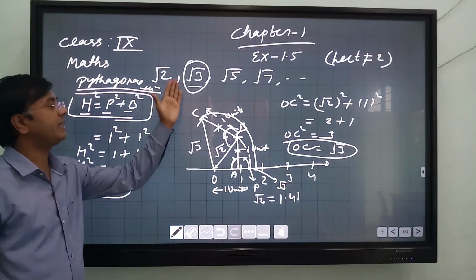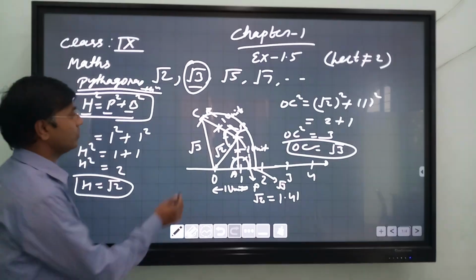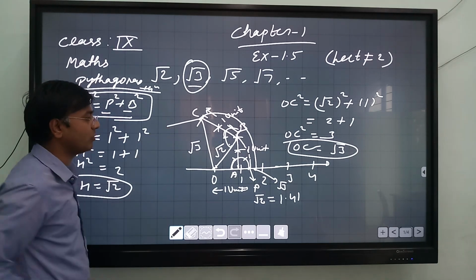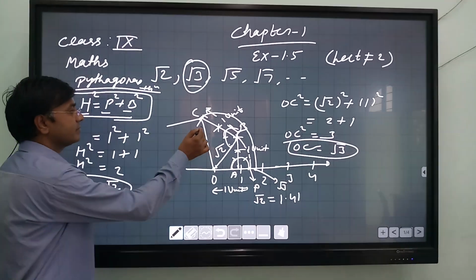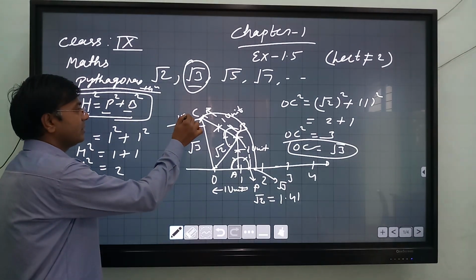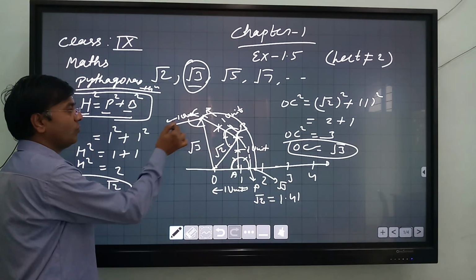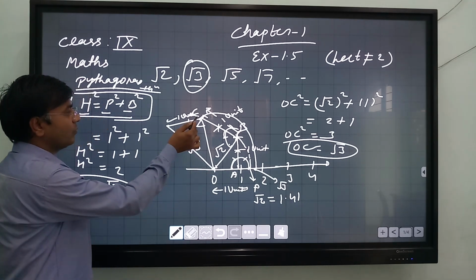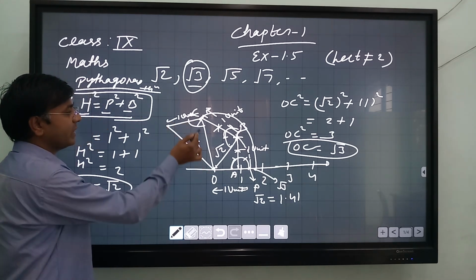Same if you want to get under root 5, 7: again draw a perpendicular at this OC, 90 degrees with the help of a compass, again 1 unit. Every time you need to take 1 unit here, and again join this point. So this is the value of 1 square plus root 3 square.